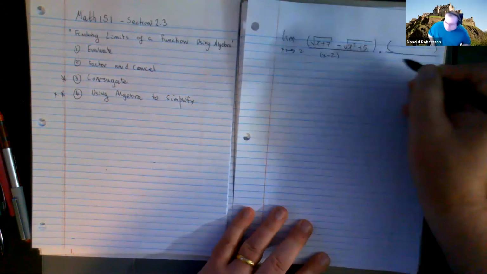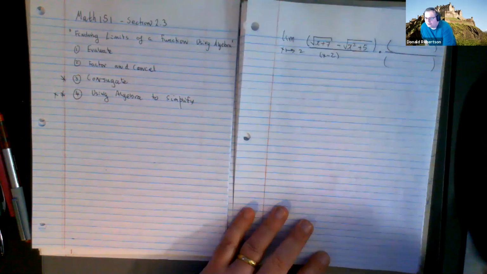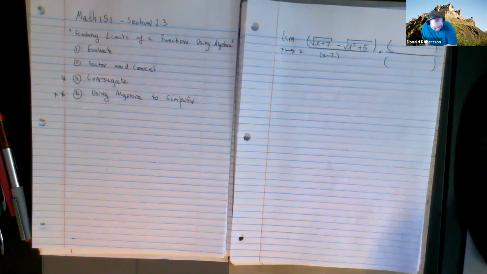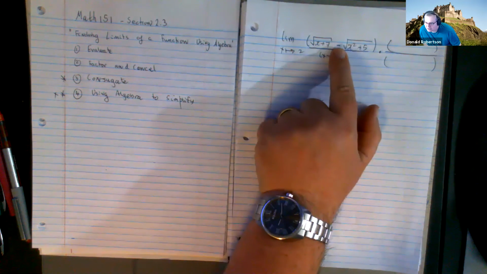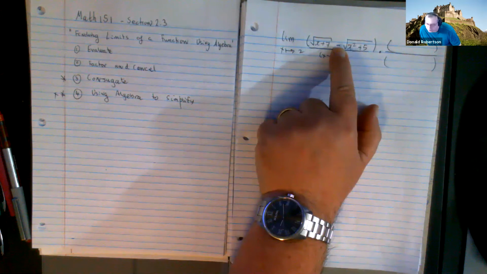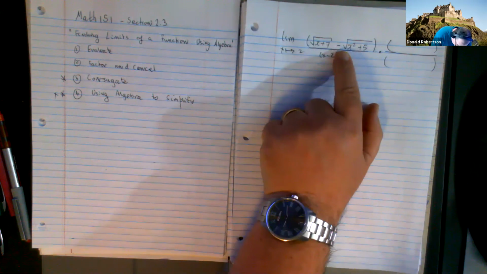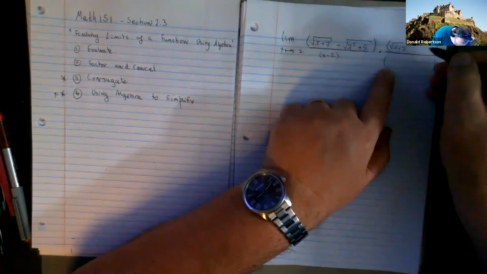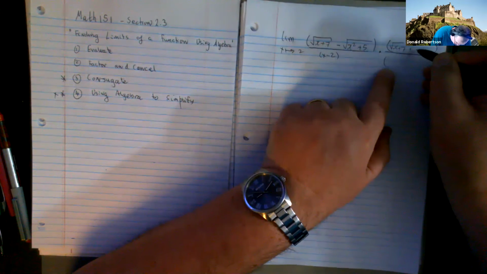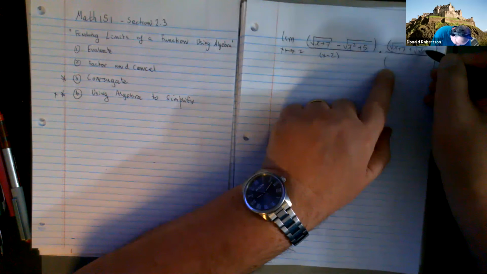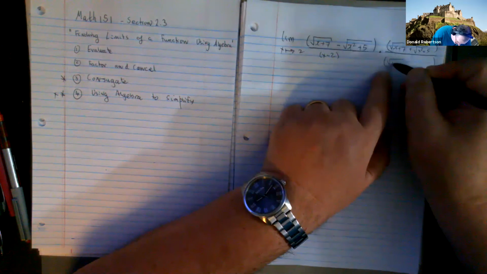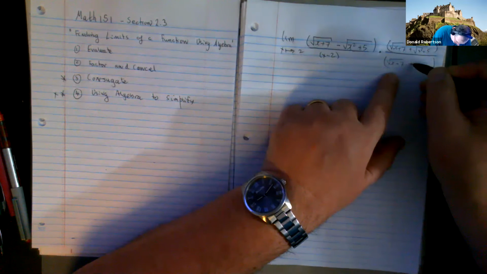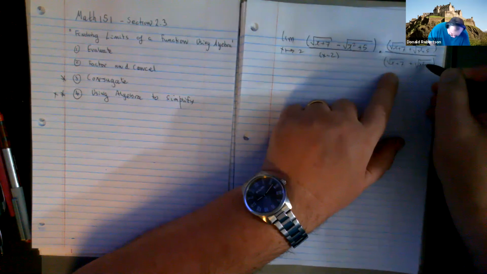Oh, I've decided to be really, really cruel. I'm just going to do the next line, and then you'll see what I'm getting at. Would you agree this is the conjugate method? These two square roots with a plus: the square root of x add 7 plus the square root of x squared add 5, top and bottom.